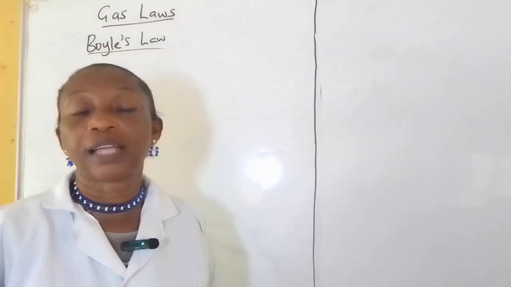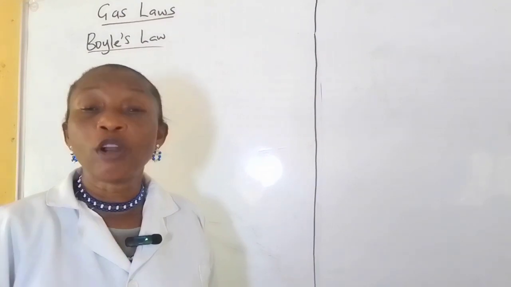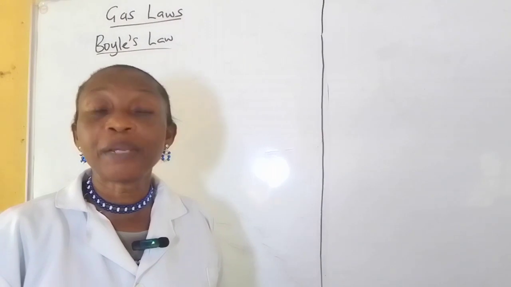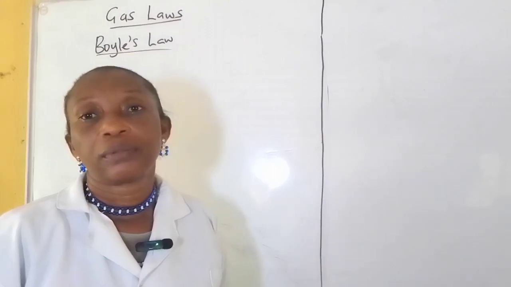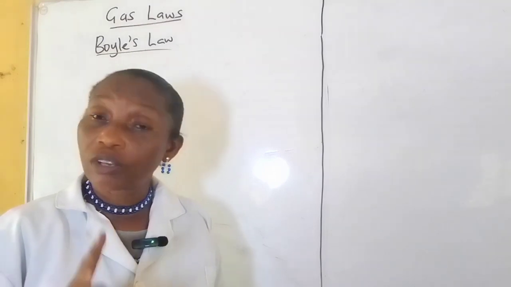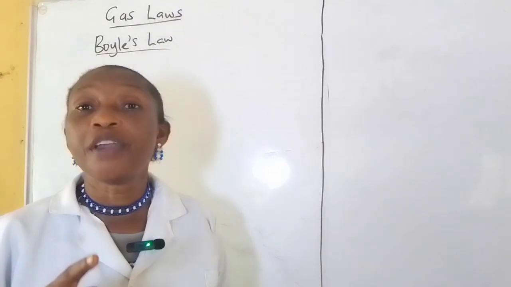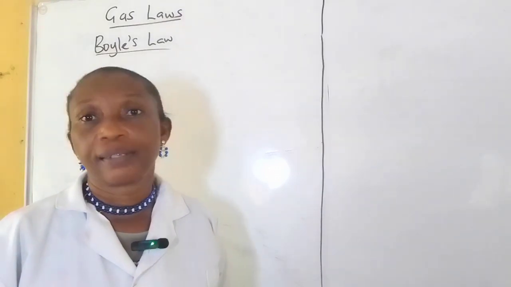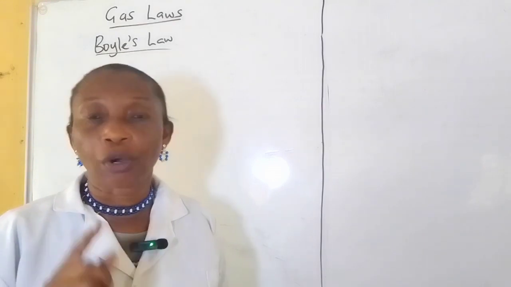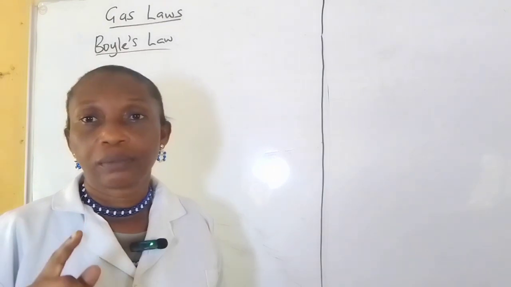Now, Boyle's law states that the volume of a fixed mass of a gas is inversely proportional to the pressure at constant temperature. The volume of a fixed mass of a gas is inversely proportional to the pressure of that gas at constant temperature.